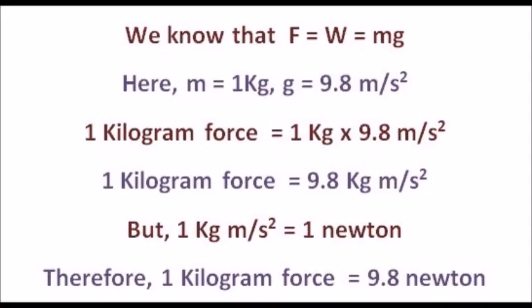Here mass is 1 kg and g is 9.8 meter per second square. 1 kilogram force is equal to 1 kg into 9.8 meter per second square, which will be equal to 9.8 kg meter per second square.